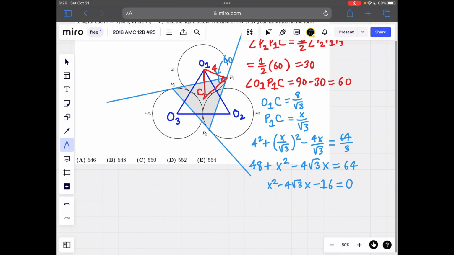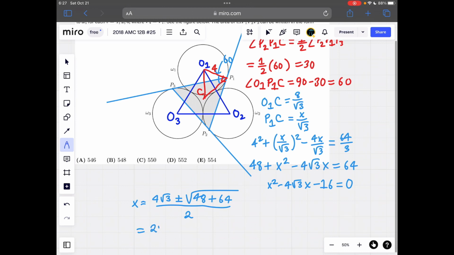So now we can use the quadratic formula to determine the value of x. We have x equals minus b, which is 4 root 3, plus or minus the square root of b squared, which is 4 root 3 squared. That's 48. Minus 4ac, which is just minus 4 times minus 16. And that's plus 64. All of that over 2a, which is just 2.